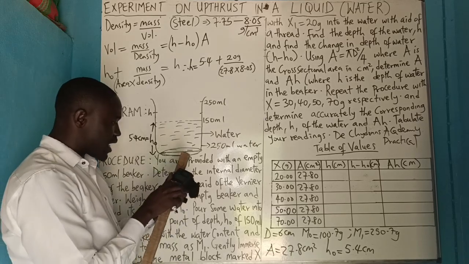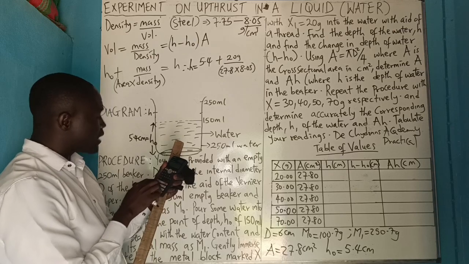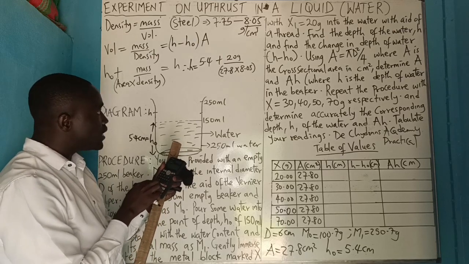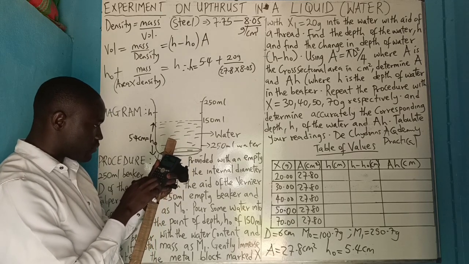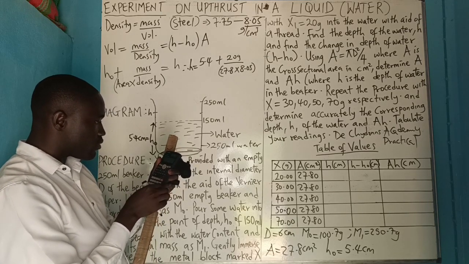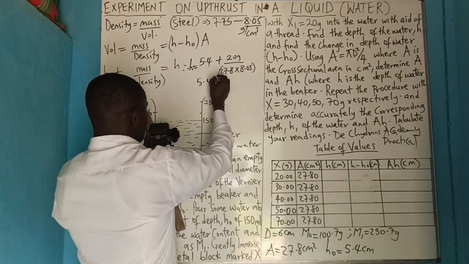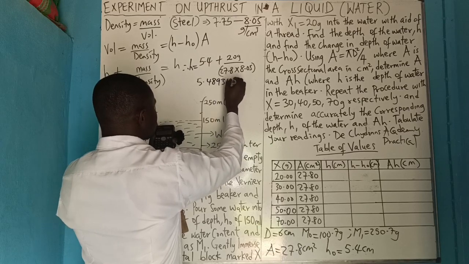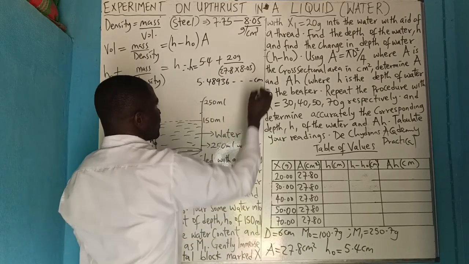So we press it in our calculator. We say 20 divided by bracket 27.8 times 8.05, plus 5.4. That will be giving you 5.48936 continue, and that is in centimeter.